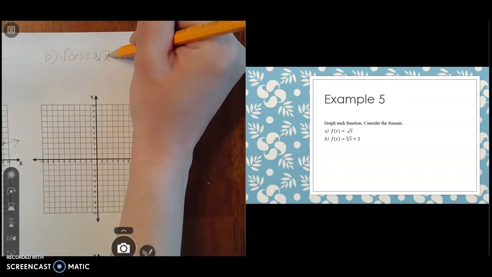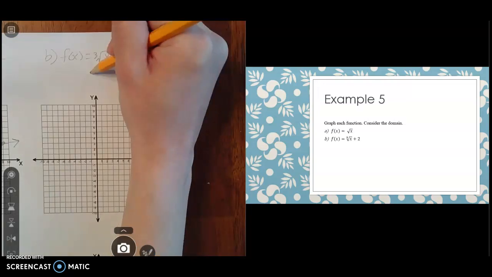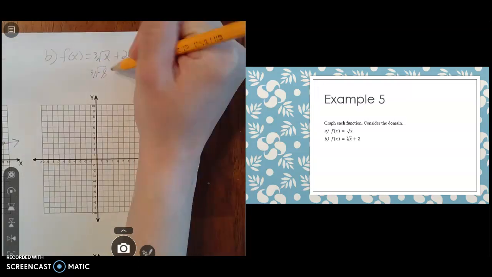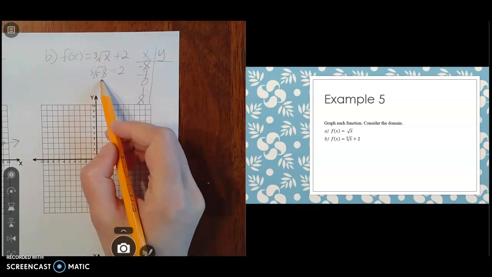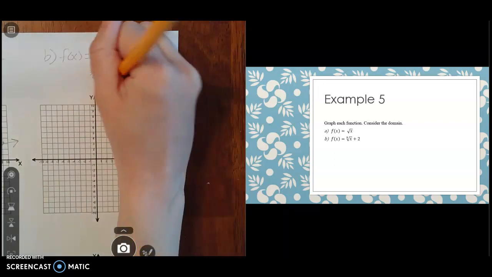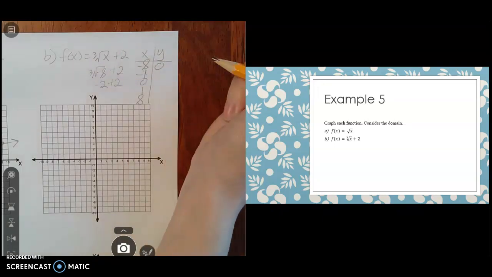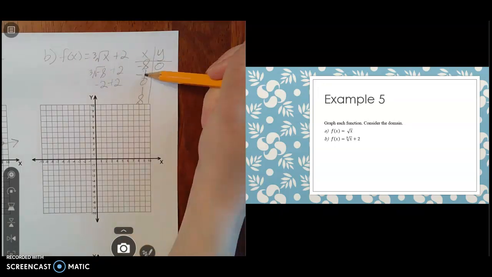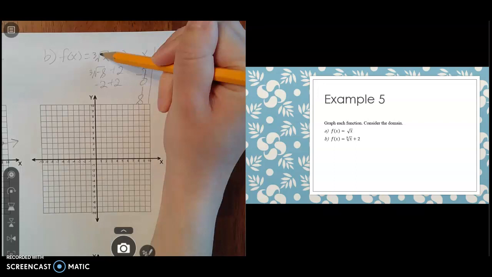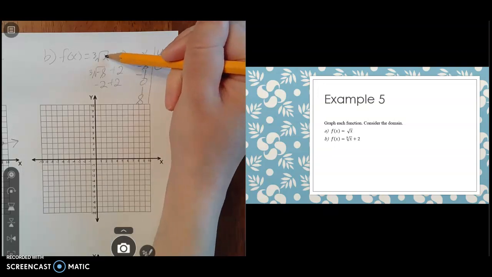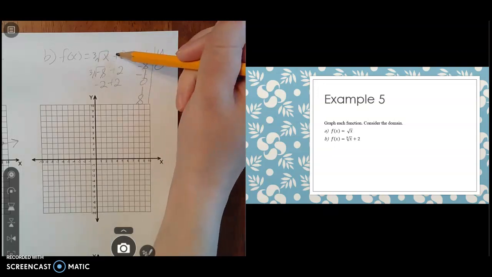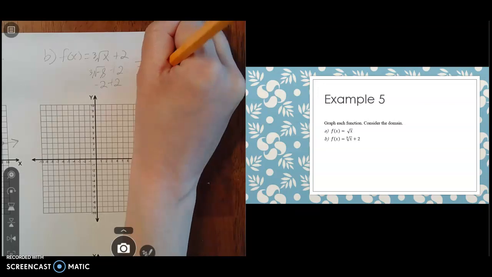So the cube root of negative 8, just going to do one of these for you so you can see. The cube root of negative 8 is negative 2, and then negative 2 plus 2 would be 0. So next up, what if x is negative 1? Well, the cube root of negative 1 is negative 1, and negative 1 plus 2 is positive 1.